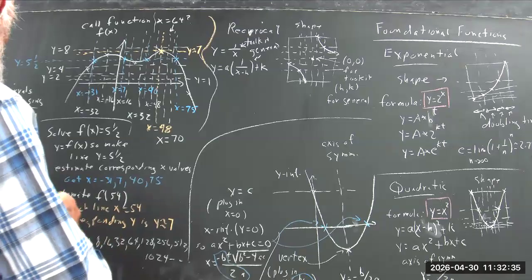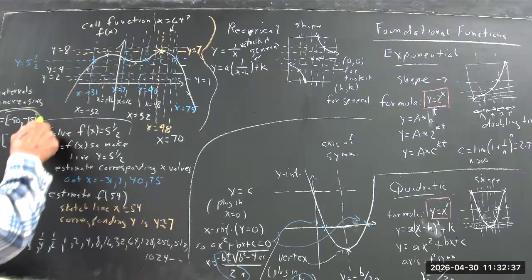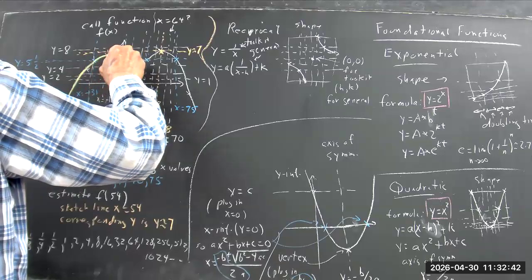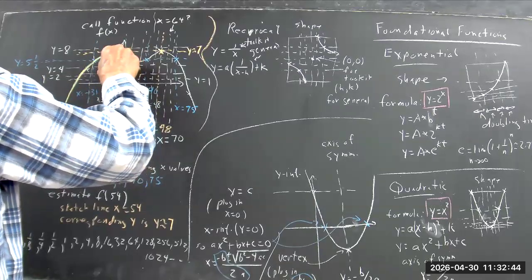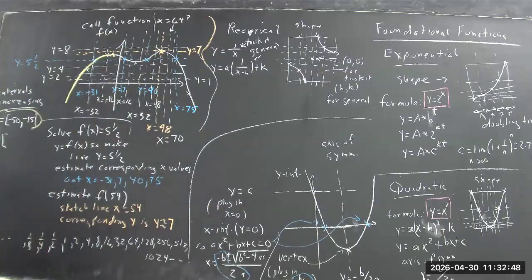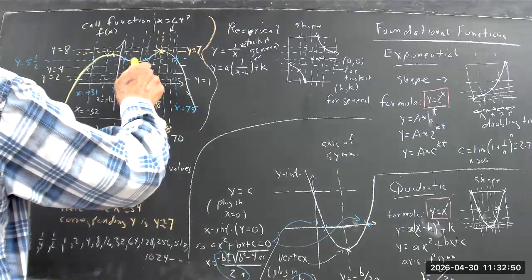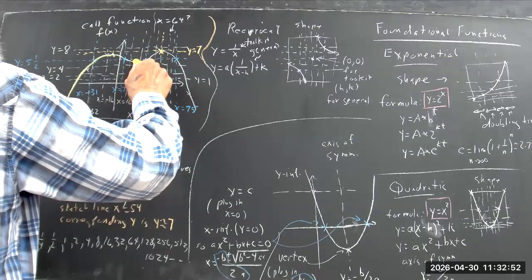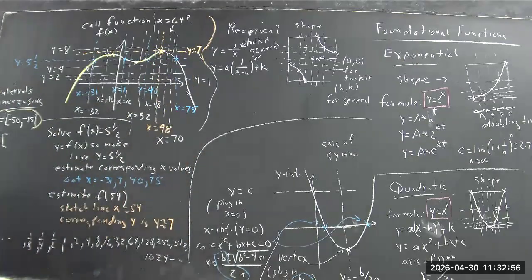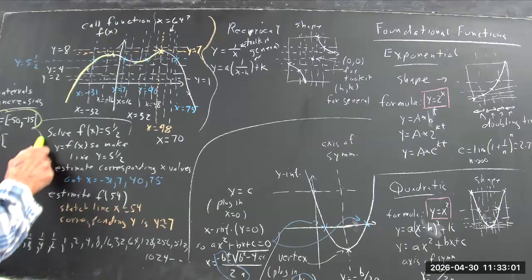Okay, so we'll make that interval of increasing behavior yellow. It stops increasing right about here where it hits the peak. And then it increases from about here to here. So x equals negative 50 to negative 15.